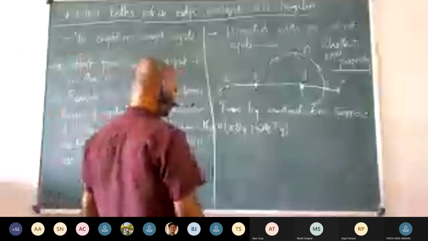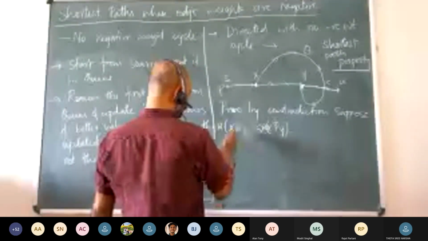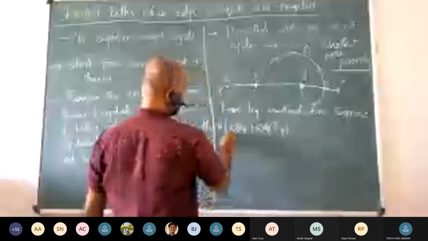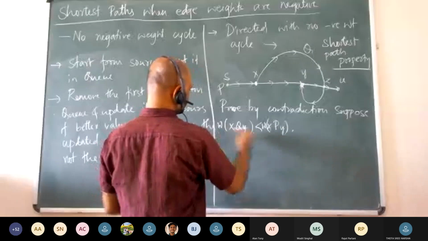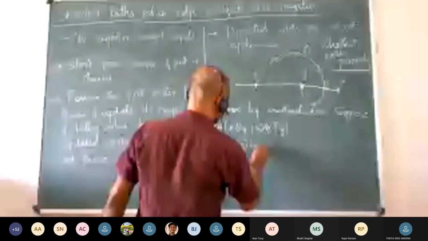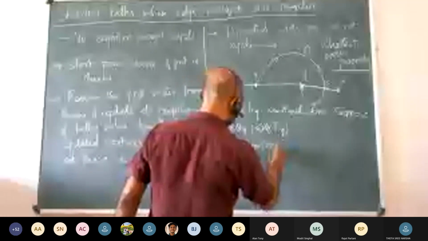Okay. So how do we sort of see this? This path is less than this. So you now expand this path. The path Q from X to Y can be something like the weight of XQZ plus the weight of the path from ZQY.